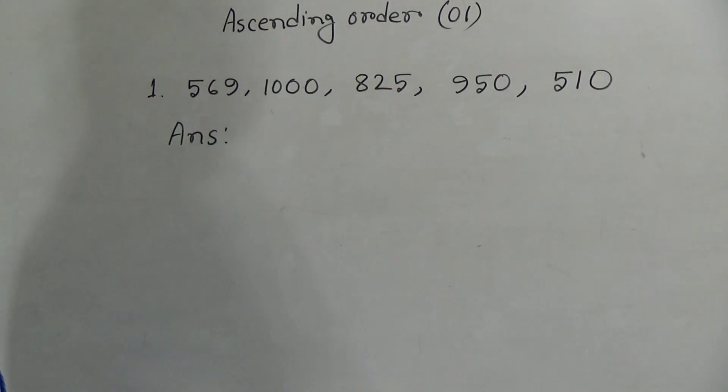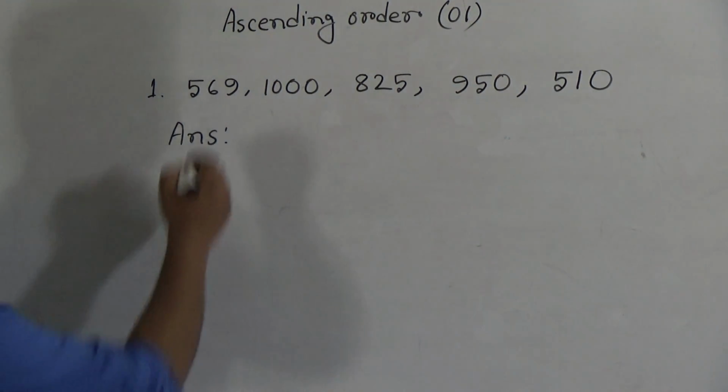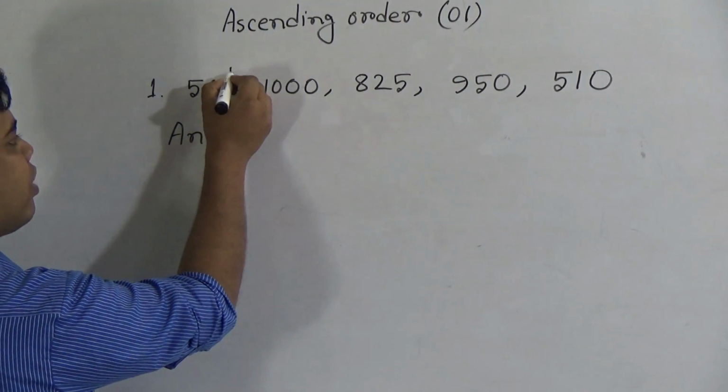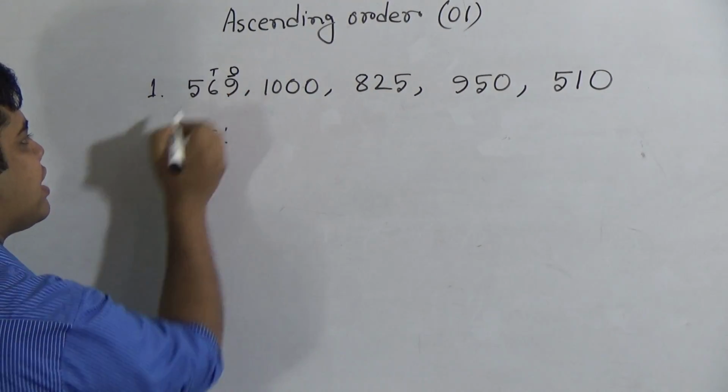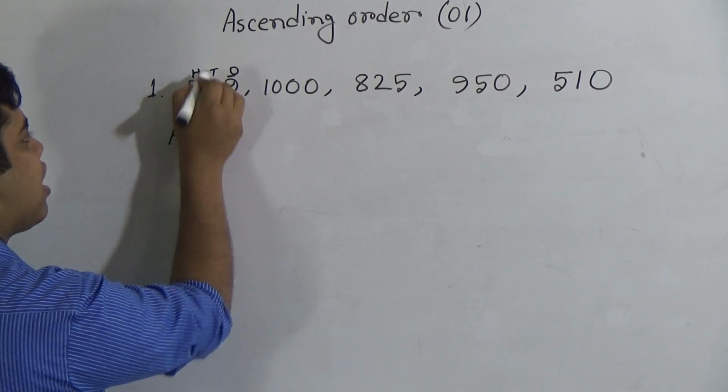So I need to find out which one is the smallest number. Dear students, before starting to solve this math, at first we write the place of the digits of the numbers. Here you notice 9 is in ones place, 6 is in tens place and 5 is in hundred place.